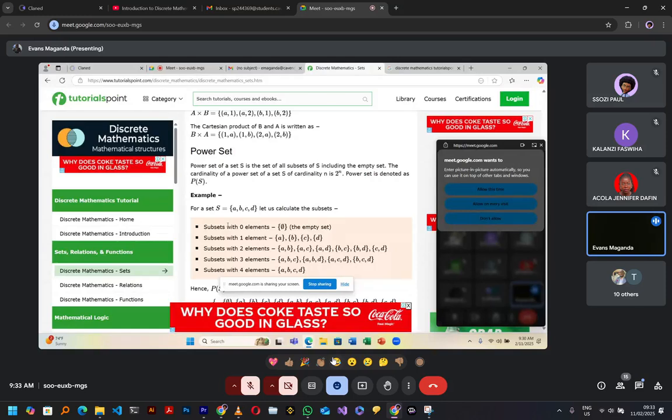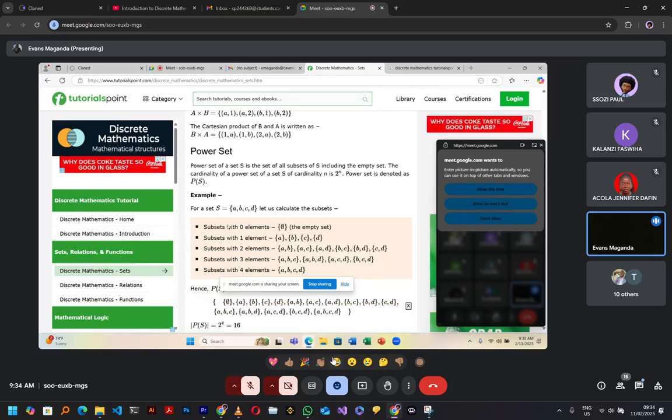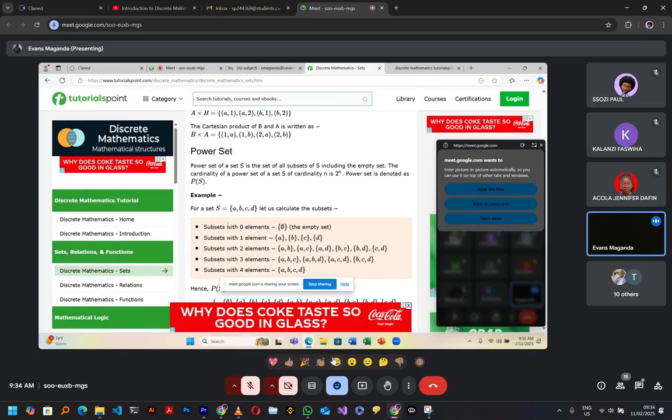For you to get all the small units, it includes all the combinations of the small breakdowns, including even the one that is empty.